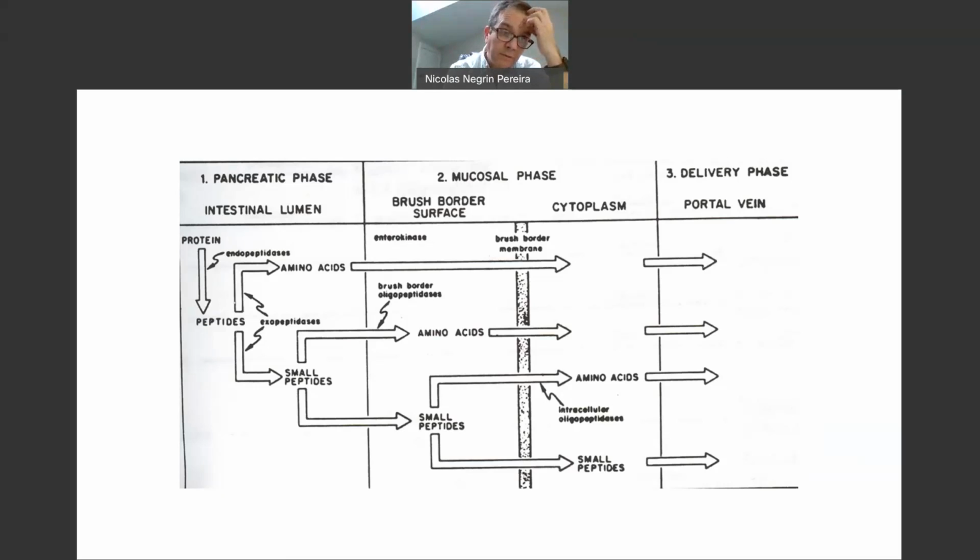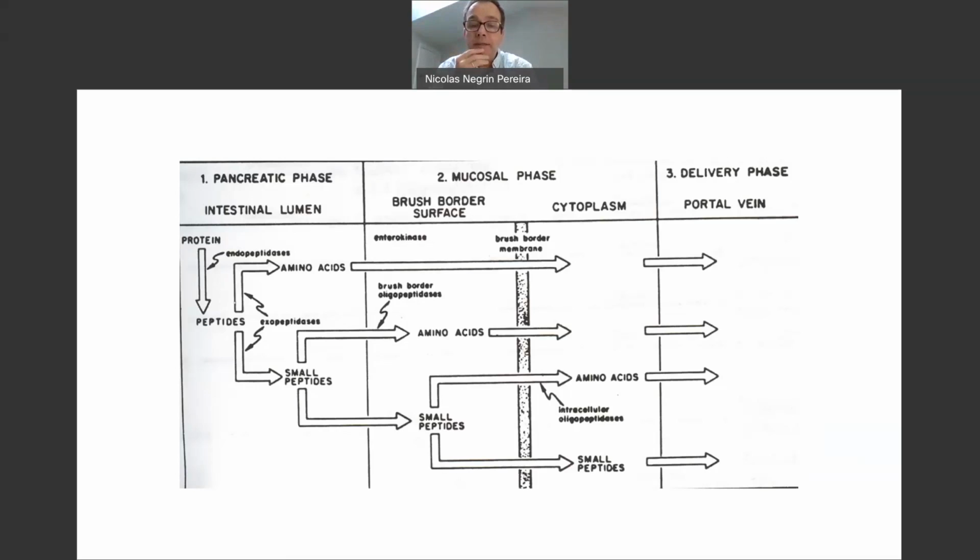And some of these proteins are going to form peptides, which are going to be broken down by exopeptidases into small peptides. The oligopeptidases in the brush border are going to transform these small peptides into amino acids, again going to be absorbed through the brush border membrane of the intestinal cells, internalized into the cytoplasm, and go through the portal vein into the circulatory system.